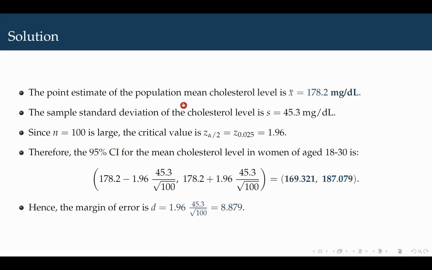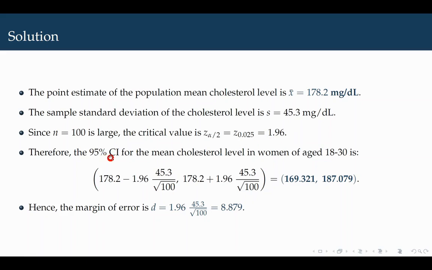So the point estimate in that example is 178.2 and the standard deviation 45.3. Since the sample size is large enough, 100, we have to consider the standard normal distribution, which is z alpha over 2, that is 1.96.